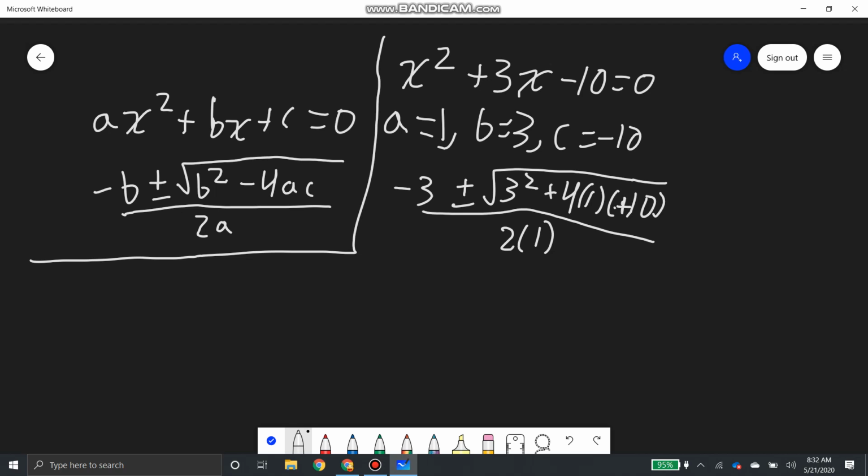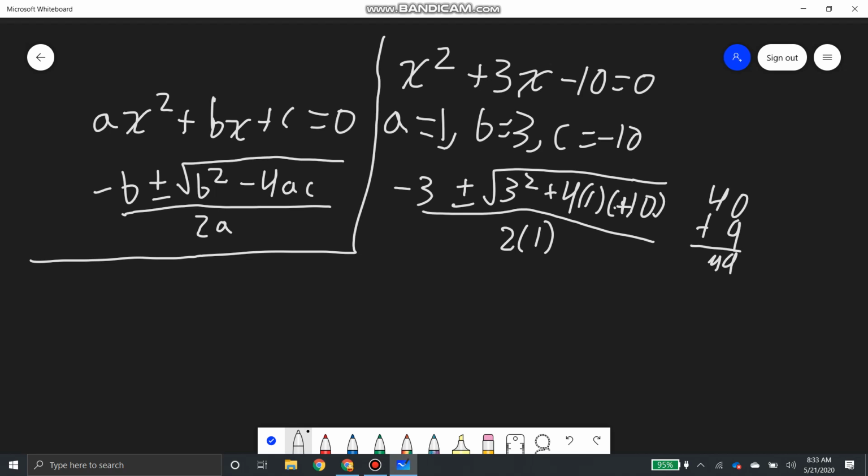So we get 4 times 1, which is 4, and then 4 times 10 is 40. So we'll write that over here. And then since we're adding on 3 squared, which is 3 times 3, which is 9, we'll have 40 plus 9, and that equals 49.